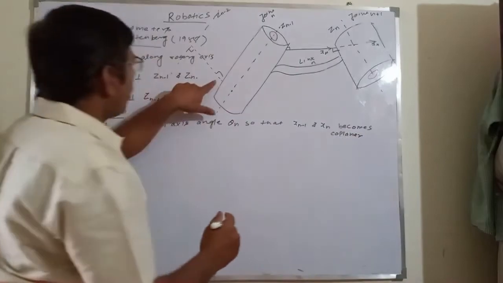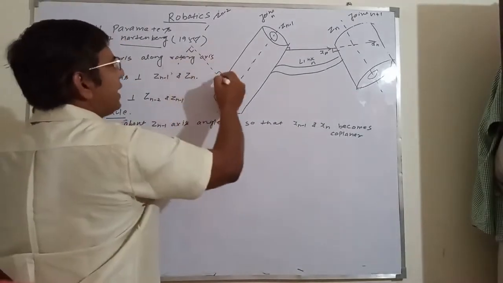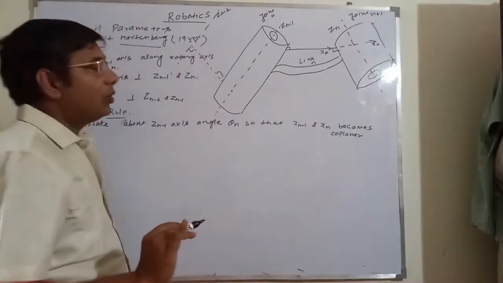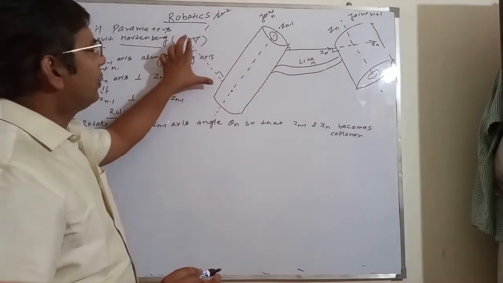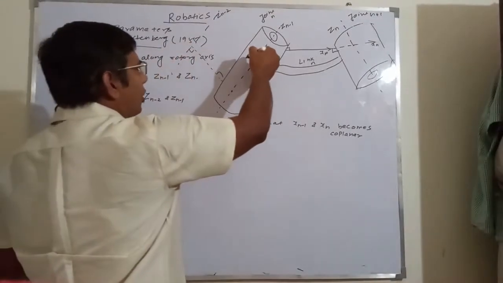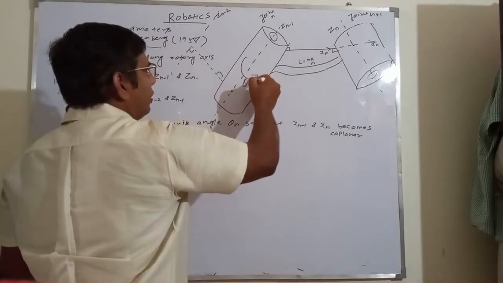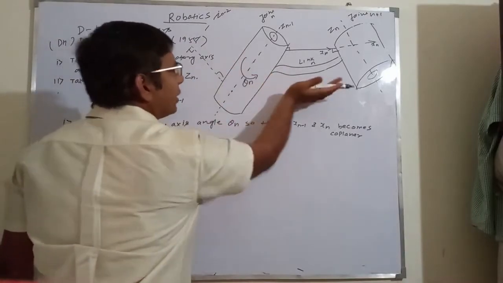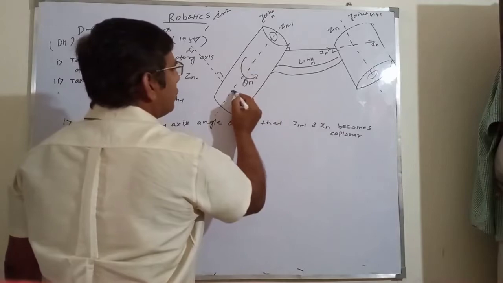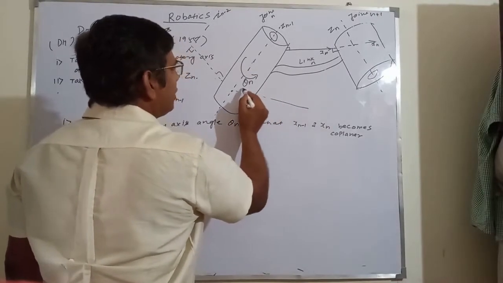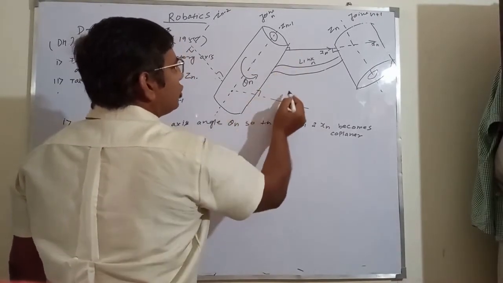Means, see, it's already perpendicular to this axis. So what we are doing here is revolving it by theta n so that it should come in this way here. So it should come here, and this is perpendicular here, so this is also perpendicular.